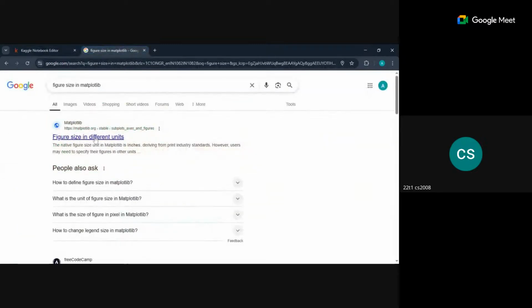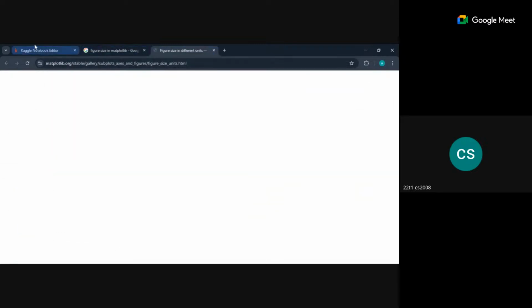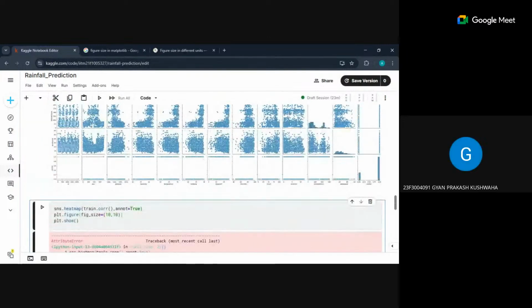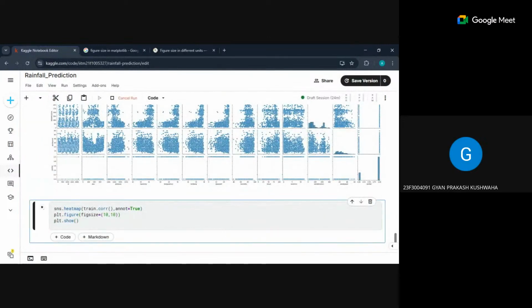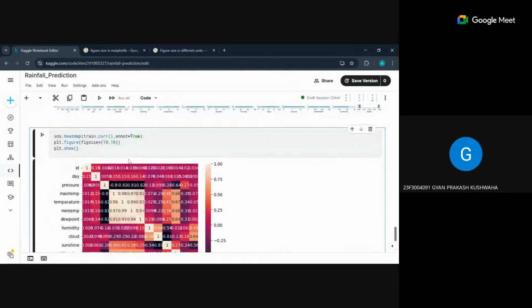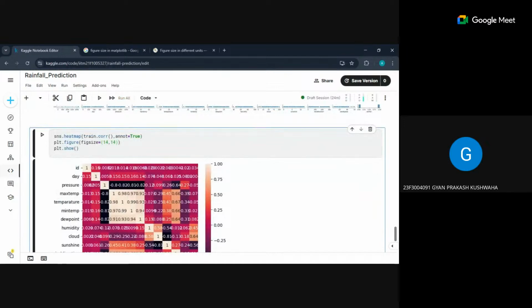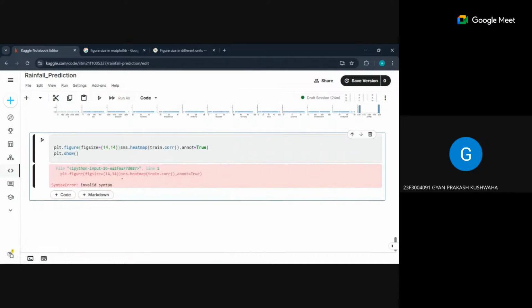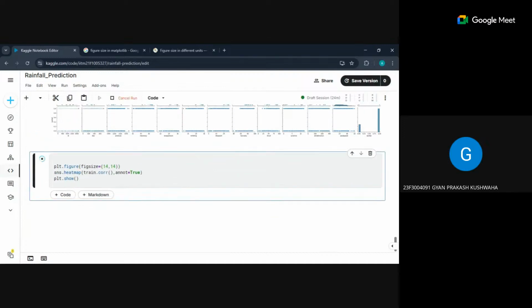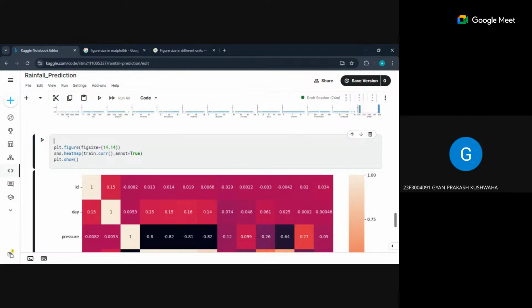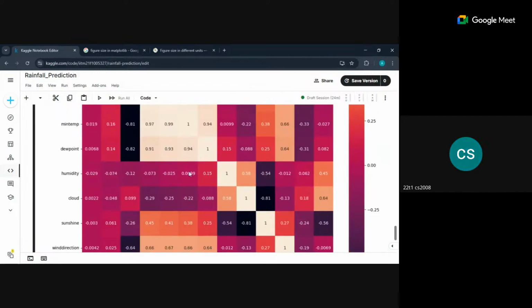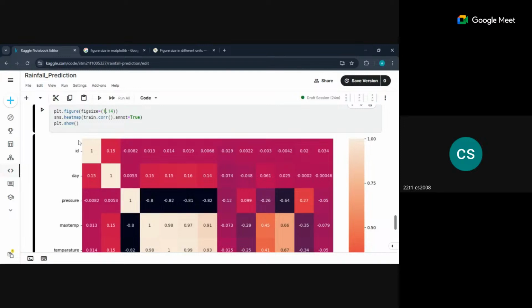Okay, it's not directly figsize. There's probably no underscore maybe. Yes, sir, that's it. Okay, great. Let's see if we can increase this size. Sir, I think this should be above the heatmap code. Right, yes. Okay. Good. So this is a better visualization. Maybe this is too much. Can't see it on the screen.